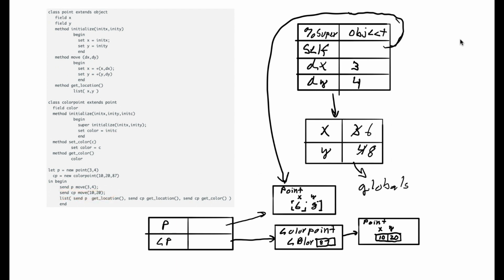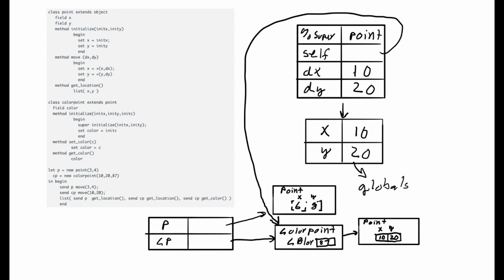And when we run that next method call, we need to rebuild a new environment for it. So now when we call this, first thing we look up CP in our environment and we find this. And we ask, what class are you? And we look, it's class color point, and so we know it's class color point, and we know that we're calling the move method. So we look for the move method in the class color point.